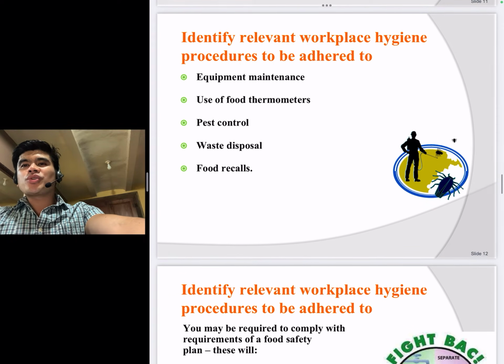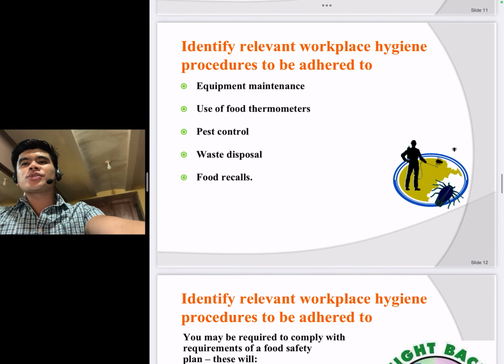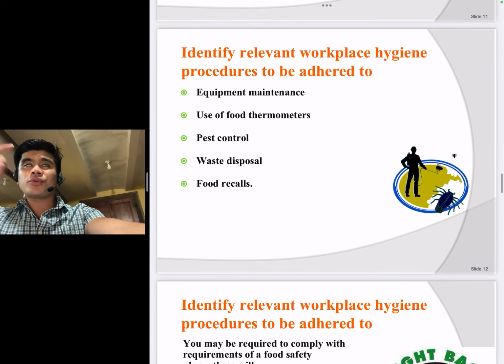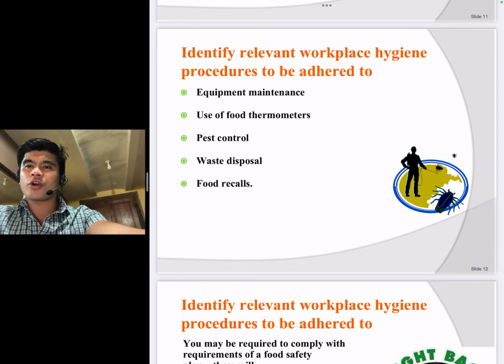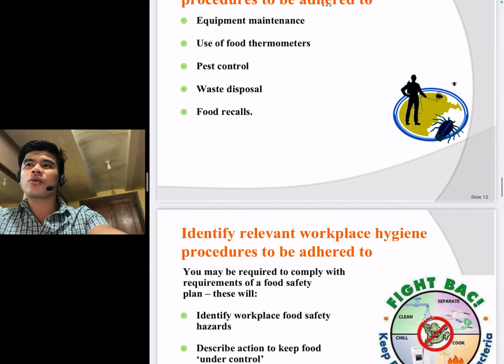Next, food recalls. We never want to have food recalls. Food recalls, like somebody's going to tell you that this restaurant is serving unclean food, and you never want that. So you need to avoid any kind of food recalls.